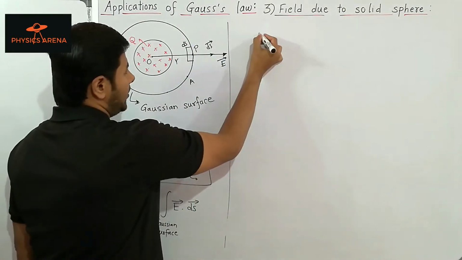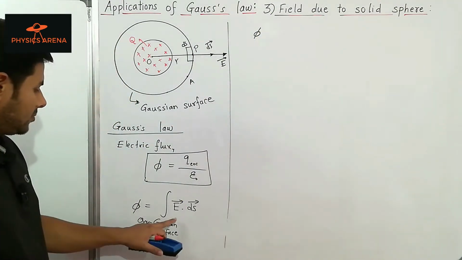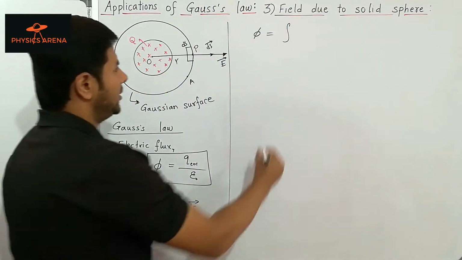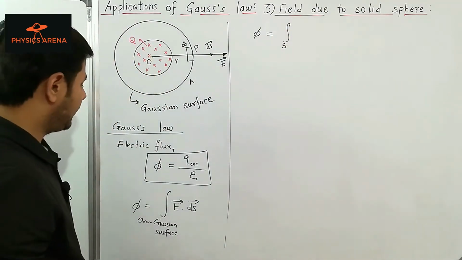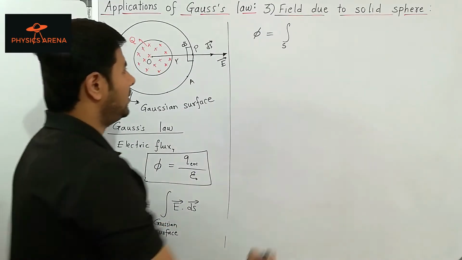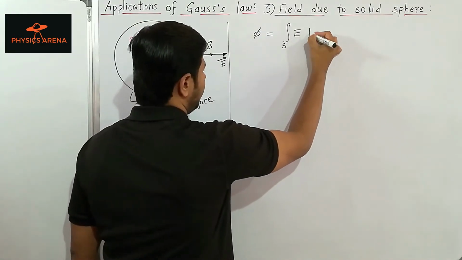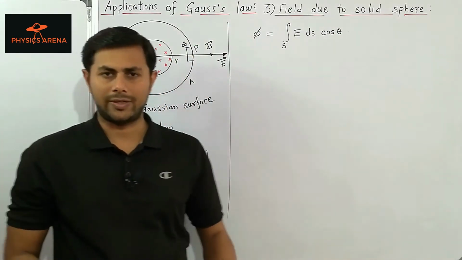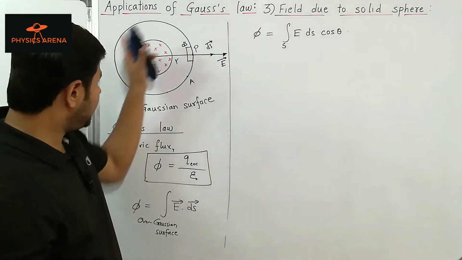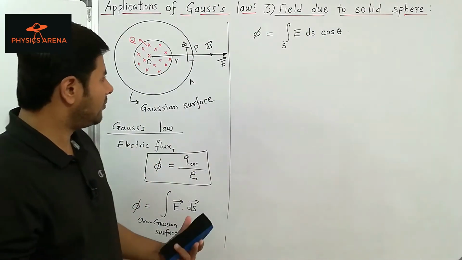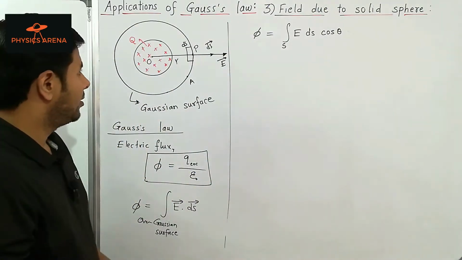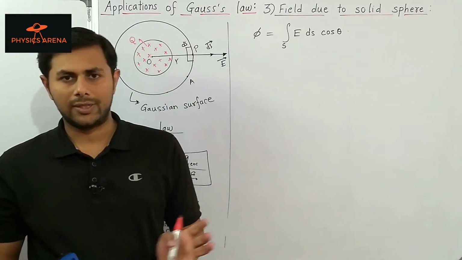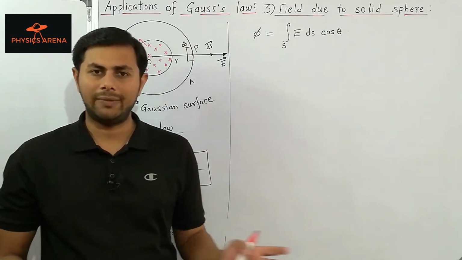Now we can write phi is equal to, over this Gaussian surface, let's say S, E bar dot ds bar, as we know, it is E multiplied by ds multiplied by cos of the angle between these two vectors. Over this entire surface, wherever we take this point P and the surface ds, the electric field and the surface area element will have the same direction.